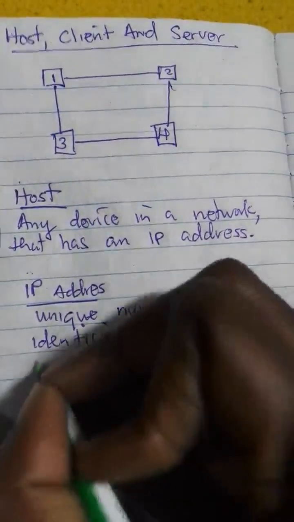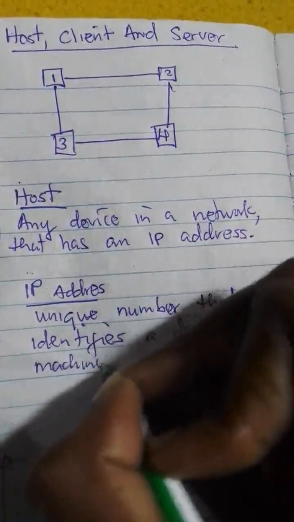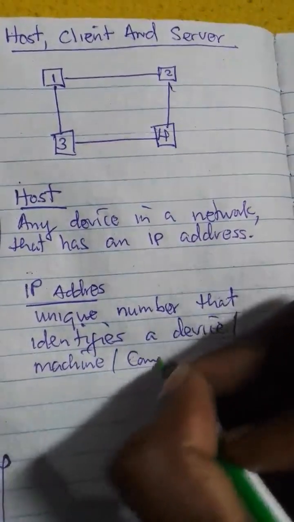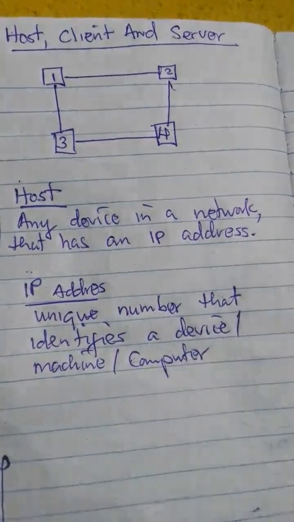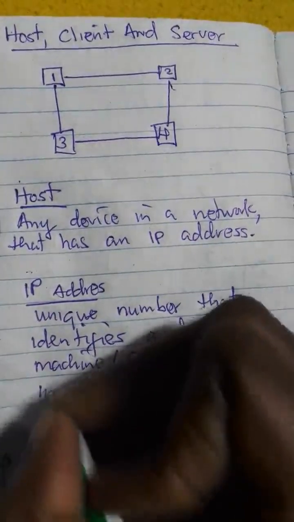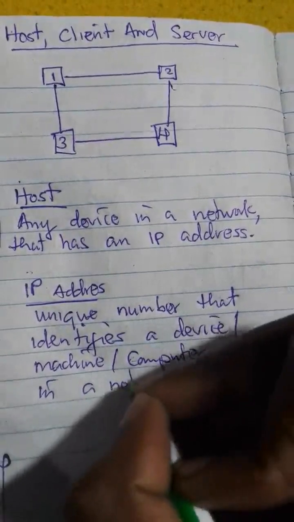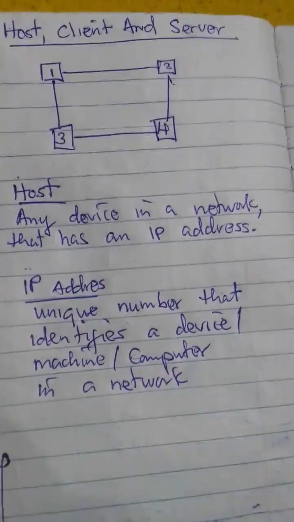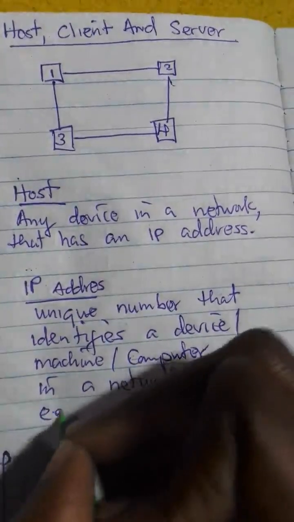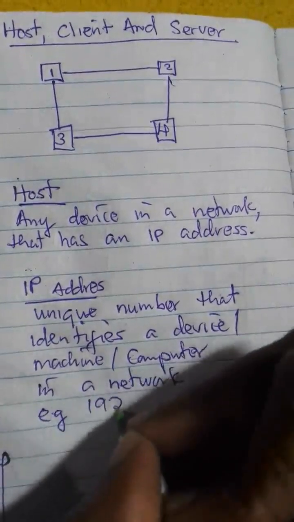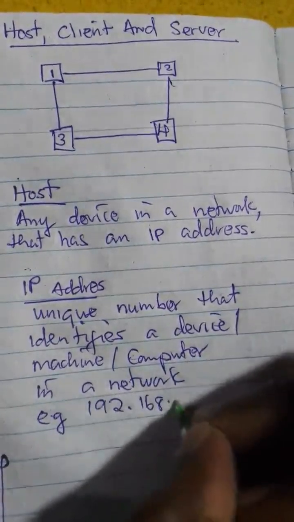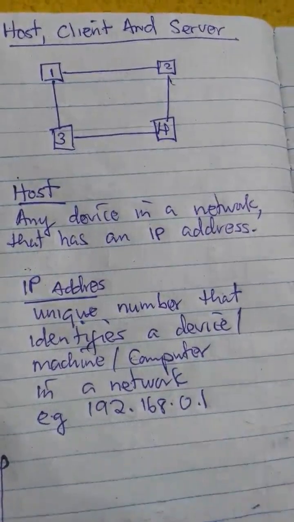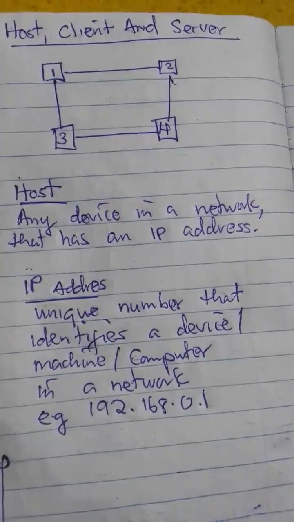If you want, you can say a machine or computer in a network. For example, it must look like this. You can say maybe 192.168.0.1. Okay, an IP address will look like that.